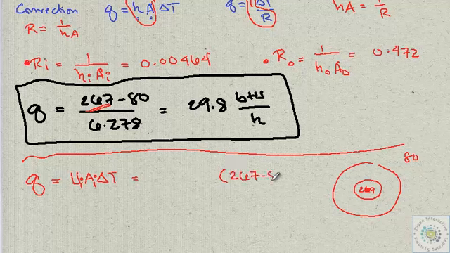Well, AI is also easy to calculate, right? It's based on this area, and the area is just the inner area of the steel pipe, 2 pi Ri times the length of the pipe.